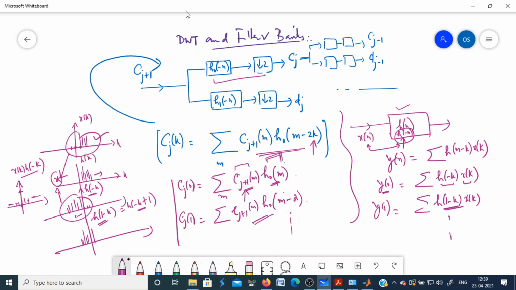That is why we have h of m here. If you convolve Cj plus 1 with h naught of minus m, since it is already folded, the convolution will fold it again, so it will become h naught of m. So this equation is now the equation of convolution with input as Cj plus 1 of m and impulse response as h naught of minus n.